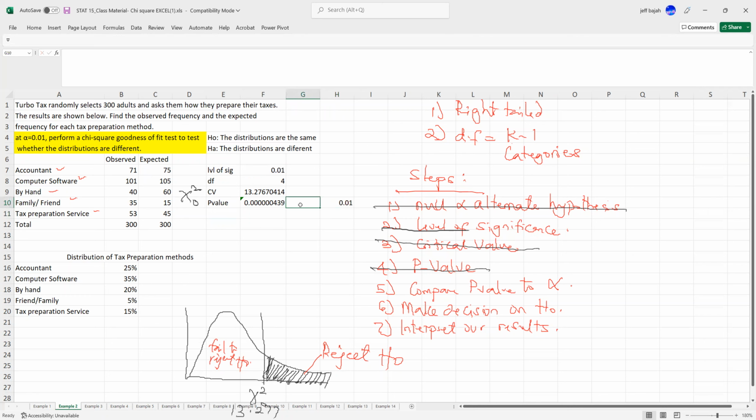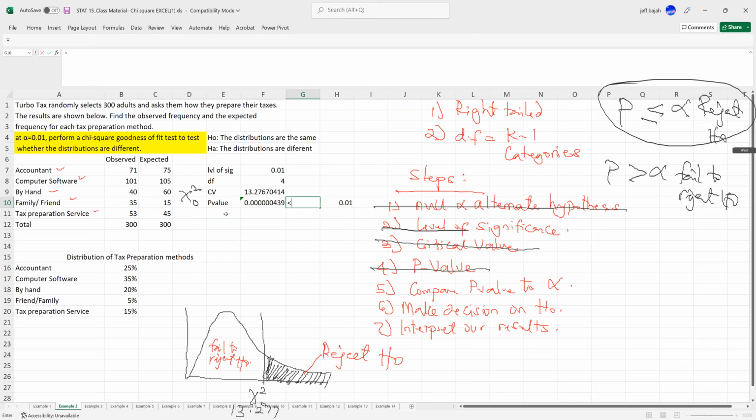So you can see that your p-value is less than the level of significance. And if you remember, when p-value is less than or equal to the level of significance, we reject H sub O. When your p-value is greater than the level of significance, we fail to reject H sub O. But in this case, it is less than, so we reject H sub O.